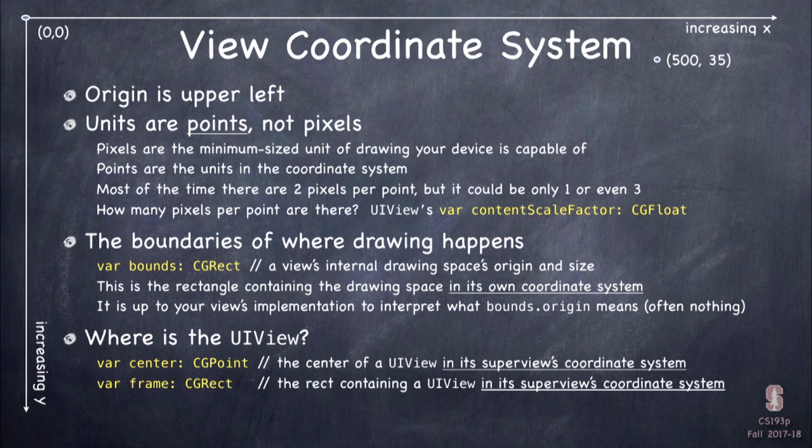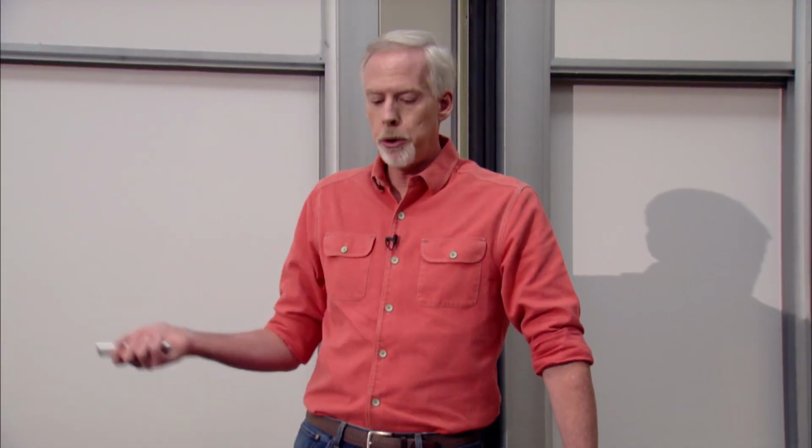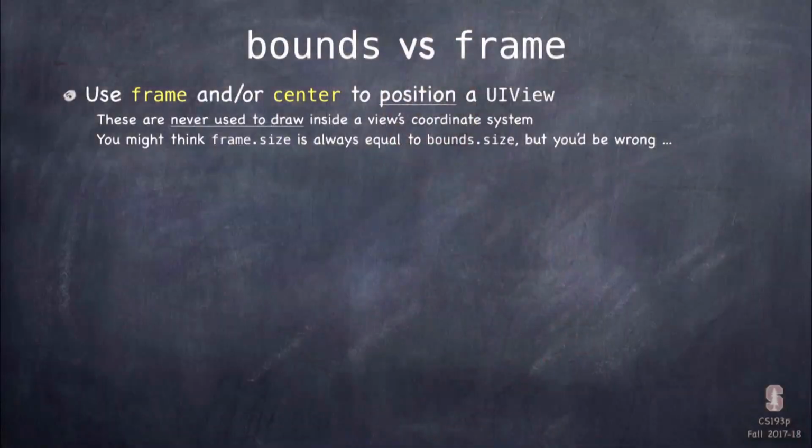Similar with center. Center is not the center of your drawing area. It's the center of you in your superview. So frame and center are where you are. Bounds is the place you're drawing. Okay? Don't get these things confused. I have a slide on it here. Go through it quick. We never use frame or center to draw because it has nothing to do with drawing. It has to do with positioning.